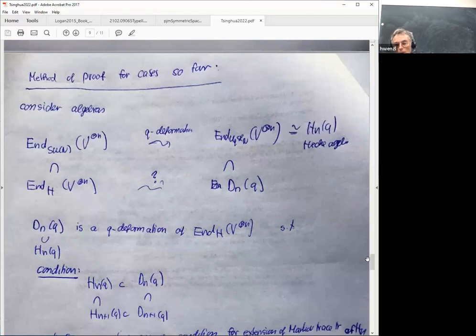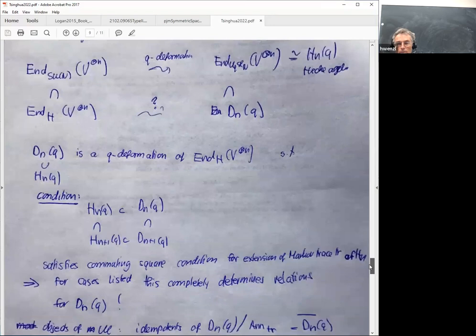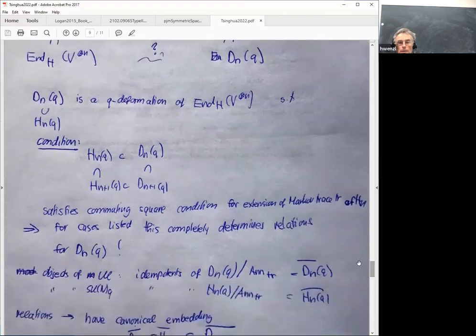Now, of course, what are the relations? This is again where the subfactor background comes in handy, because if one wants to construct subfactors, one always wants to have the commuting square condition. So we also go for this here.